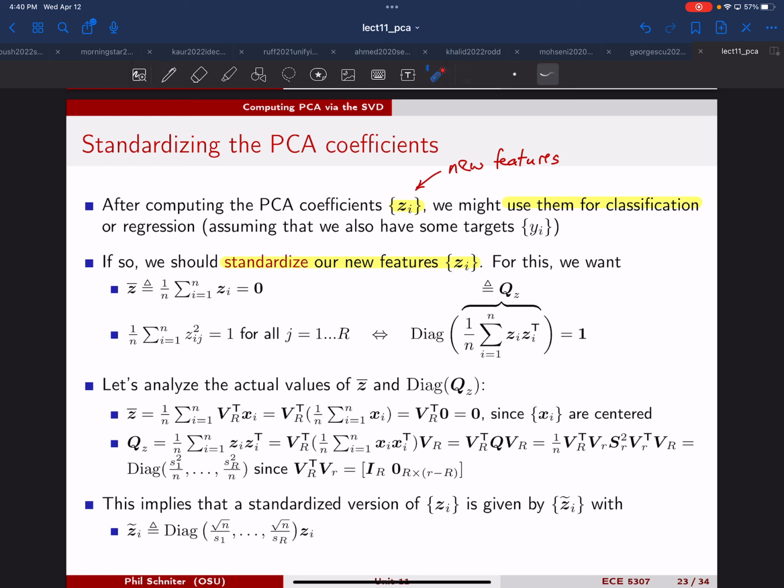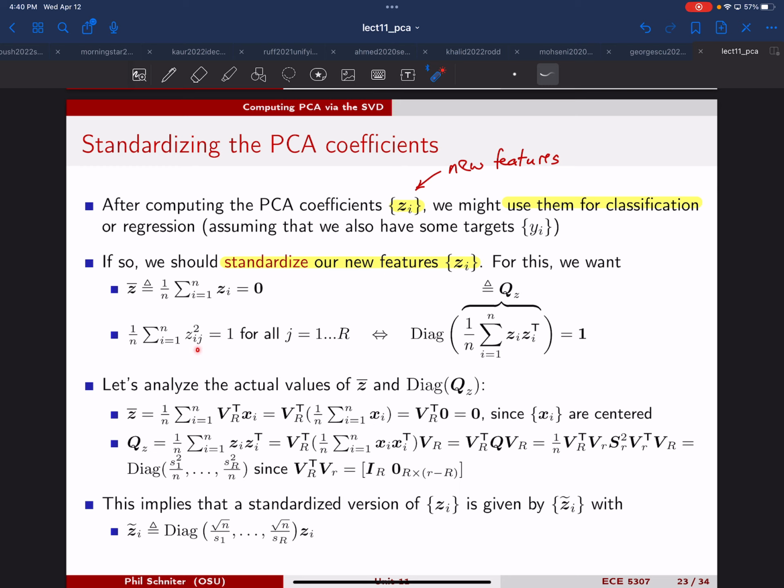Standardization, when we talk about our new features, means that our sample mean of Z should be the 0 vector. In other words, if we average all the Z_i across our n data samples, we want to get 0. So that's taking the mean out. Now, assuming the mean has been taken out, we also want the variance to equal 1 for every one of those features.